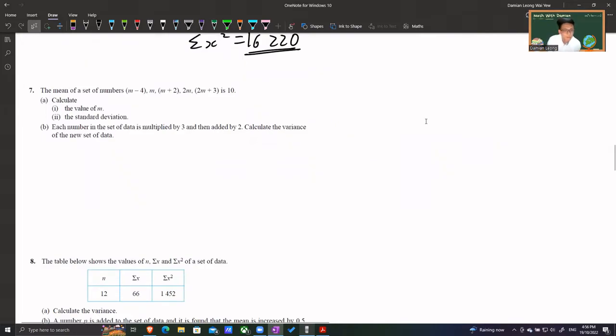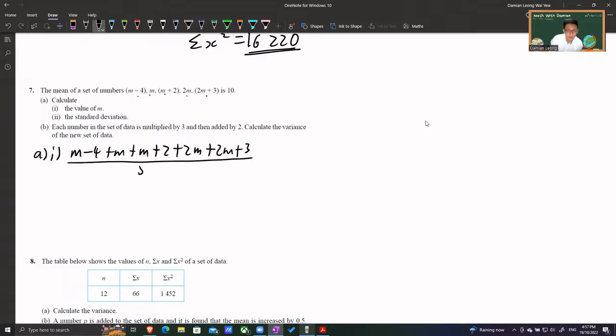Now question 7. Mean of a set of numbers. I'm given all this. These are the set of numbers. The mean is 10. So they want you to find m. Basically, there are 1, 2, 3, 4, 5 values. So if I add them all together divided by 5, it should equal 10 because mean is 10. m minus 4 plus m plus 2 plus 2m plus 2m plus 3 divided by 5 values equals 10.